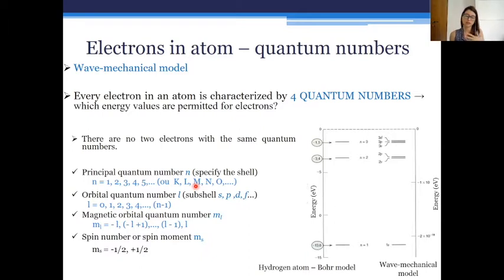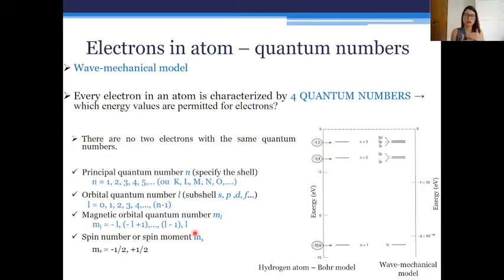a subshell. So now let's introduce the third one, which is the magnetic orbital quantum number, written m with the subscript L. So mL will take a specific value depending on the orbital quantum number L: minus L, minus L plus 1, L minus 1, L, and so on.